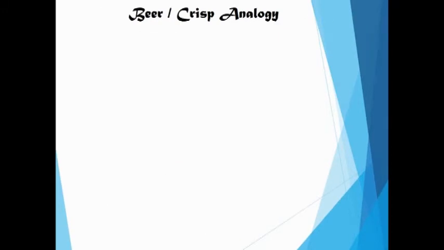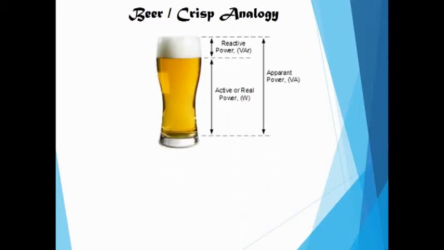Right, an analogy for true power, apparent power, and reactive power is a beer analogy. This is what you're paying for: a pint of lager, for instance.